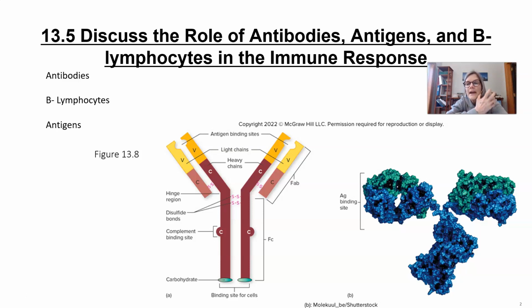For example, a bacterial cell can have proteins on the surface, and those proteins are foreign to our bodies. Our bodies don't have those in them normally. And so it's going to stimulate the immune system, and those proteins on the surface of bacterial cells are antigens, and they're going to allow the body to generate antibodies. So the antibodies are made by the host, by us, and the antigens are on the surface of the pathogens.